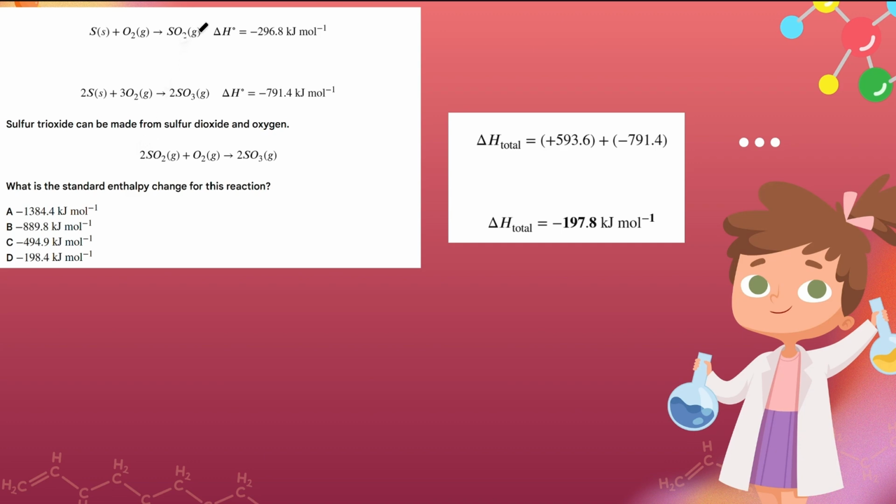Because we know the coefficient is 2, we times it by 2. The equation right here doesn't have SO2, and it's on the left. So we turn this into a plus. So plus 296.8. Okay.